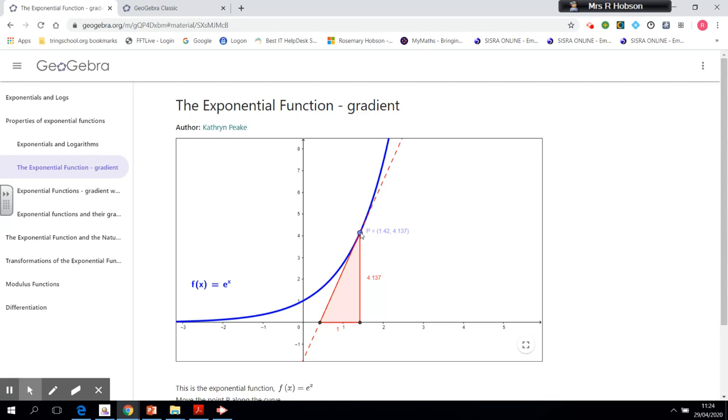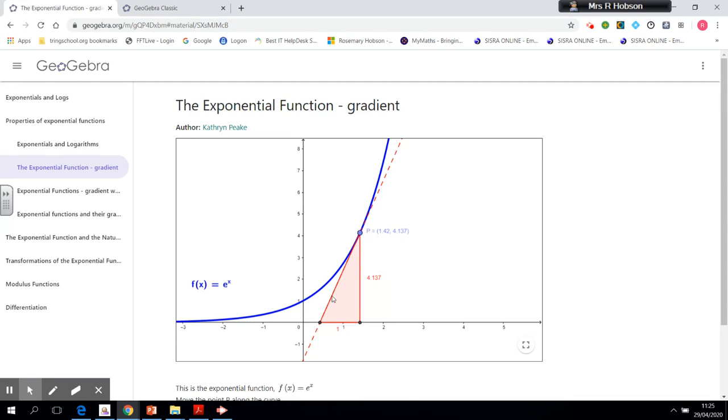If we look at this point P on the graph of e to the x, the x-coordinate is 1.42. The y-coordinate is 4.137. And that is the same as the gradient, because remember, the gradient is the change in the vertical divided by the change in the horizontal.